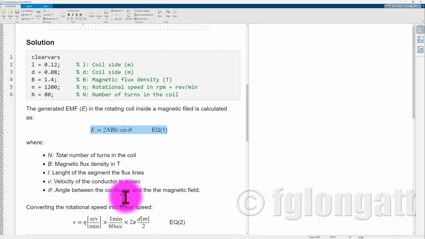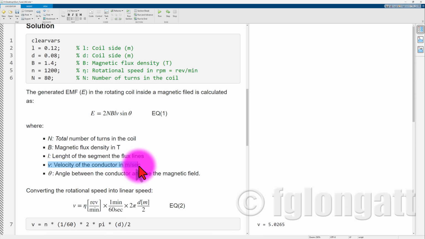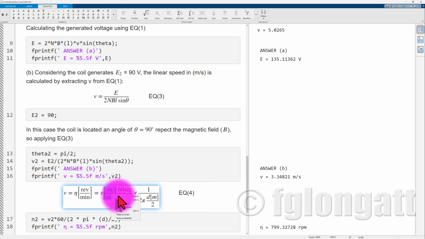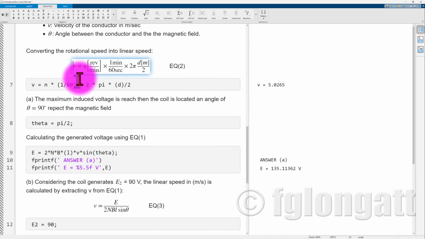However, there are some unit conversions here, because as you can see, the rotational speed is 1200 RPM, but inside the equation we need to use meters per second. To convert that, what we need to do is take the RPM, and first there are 60 seconds in 1 minute, so those minutes cancel each other.